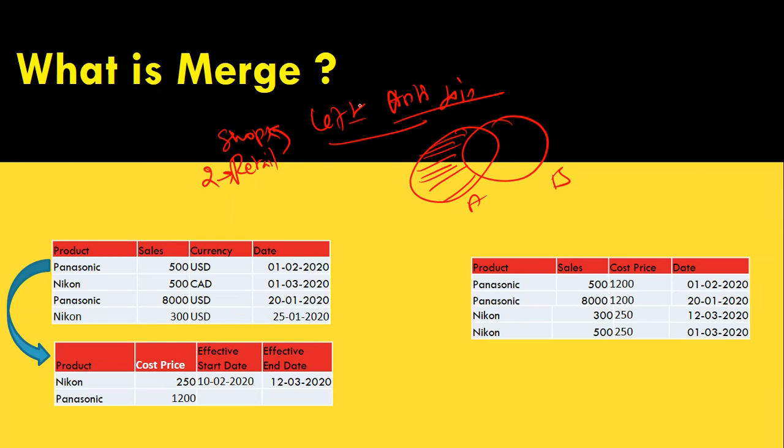You want to know what products you sell in the South Pune shop which you don't sell in the East retail shop. That is the difference, right? In that kind of scenario, you can use it.